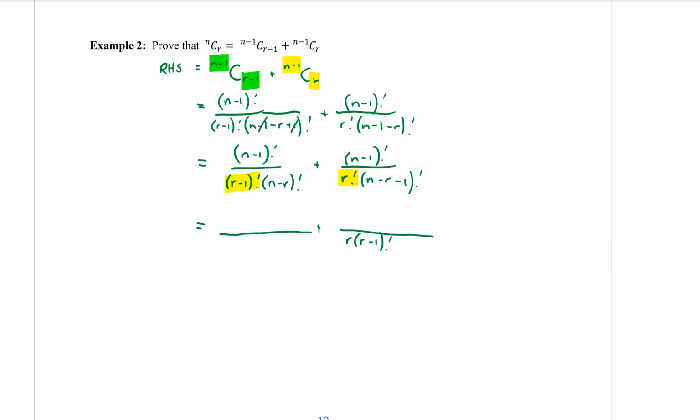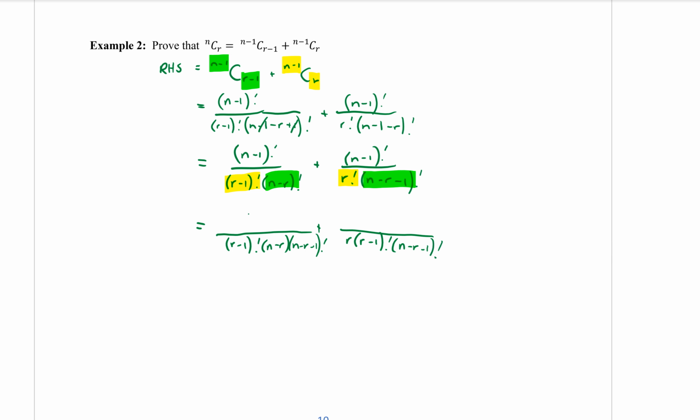The n minus r factorial terms are also very similar. The second one with the minus 1 on it is smaller, so I can unroll that first one to be n minus r times n minus r minus 1 factorial. Don't need to unroll this one.